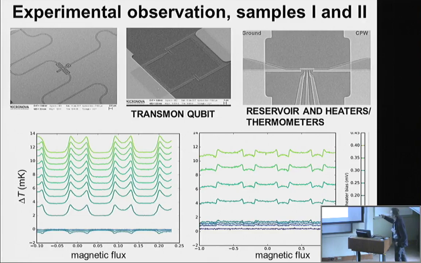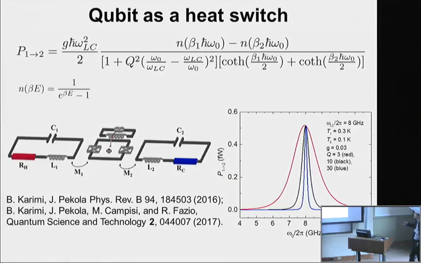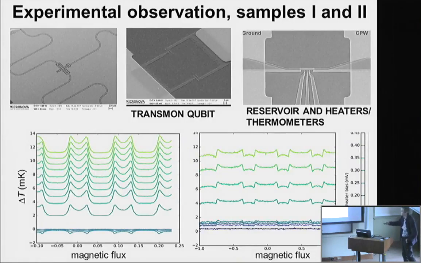In some other experiments, we have seen much less trivial behavior, and I just want to very quickly show what is the origin. So this comes essentially from this simple model which I showed here, assuming that these two oscillators are classical environments to the qubit, and then we are expecting to see this behavior.